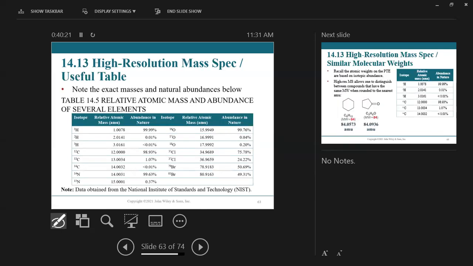They show you right here the different abundances in nature. See the chlorine, the 3 to 1 ratio. Bromine is almost a 1 to 1 ratio.